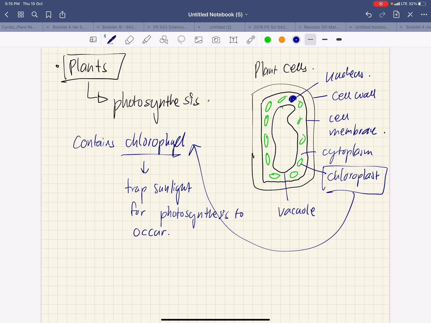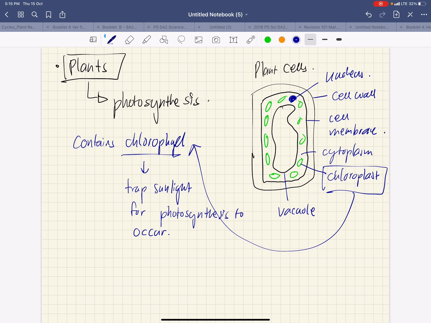Now, we keep talking about photosynthesis. So what is so great about this photosynthesis? The reason why this photosynthesis is so important is because it's able to trap light energy in the form of food. That is something that we are not able to do, all right, as human beings.